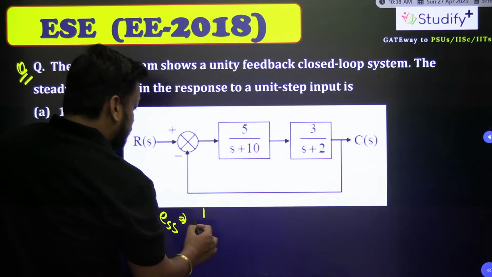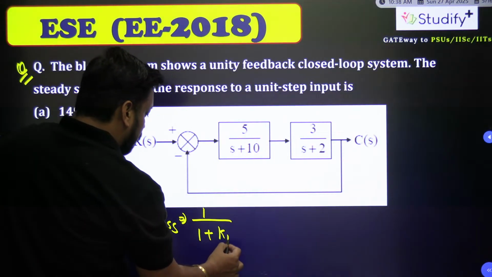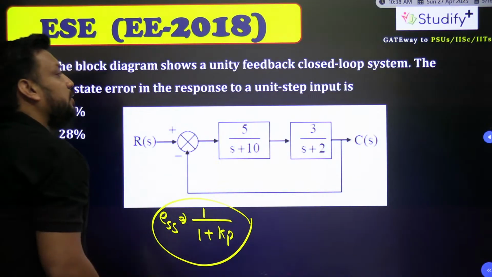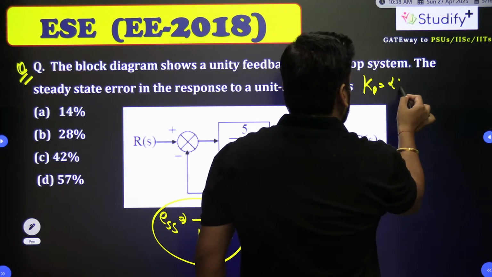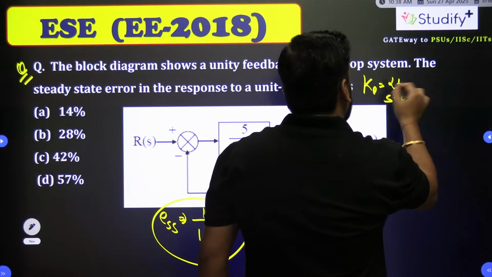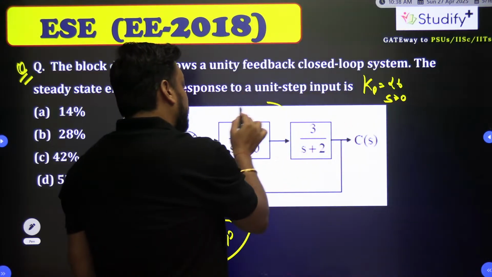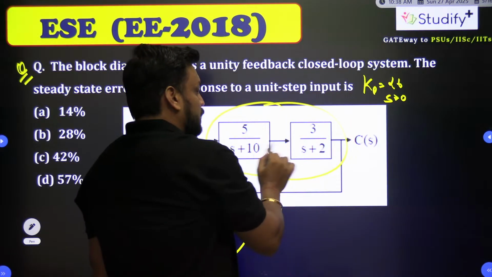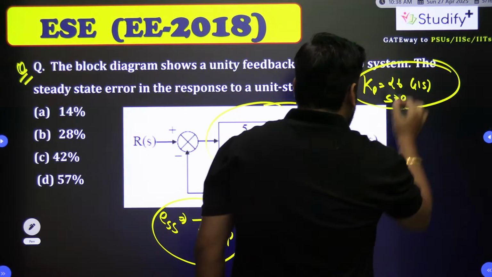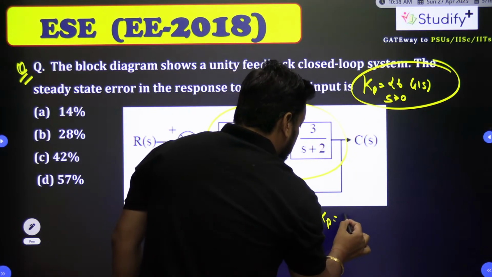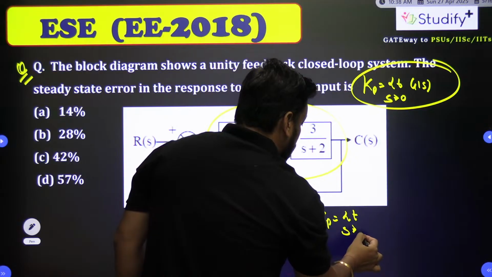Now tell me, Ess is nothing but 1 upon 1 plus Kp only. What is Kp, guys? Kp is nothing but limit s tends to 0 of G(s). And this entire value is the G(s) multiplier only, so I am putting this value of G(s).